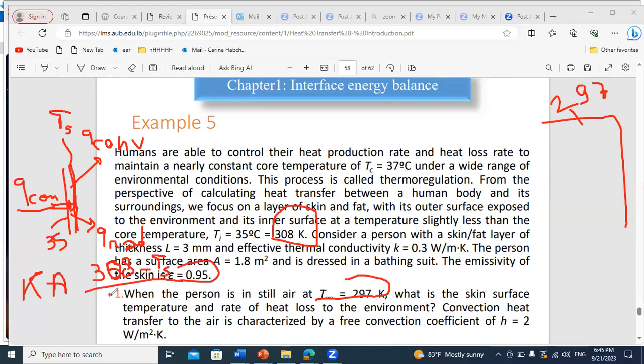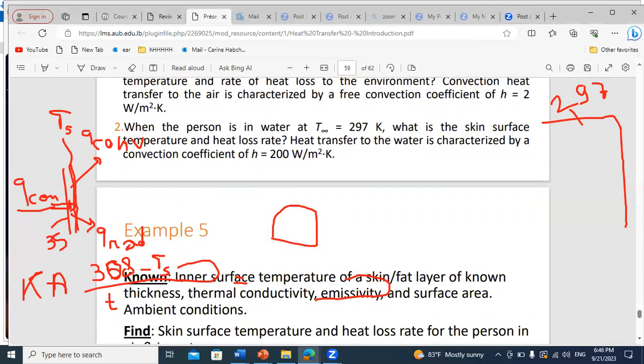So over thickness, okay? And this will be equal to Q convection plus Q radiation, which has the same expressions as we have seen before: h A delta T and epsilon sigma A times T surface to the power 4 minus T surrounding, T walls, to the power 4. Okay?